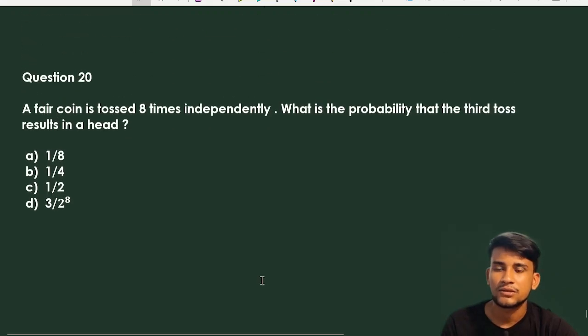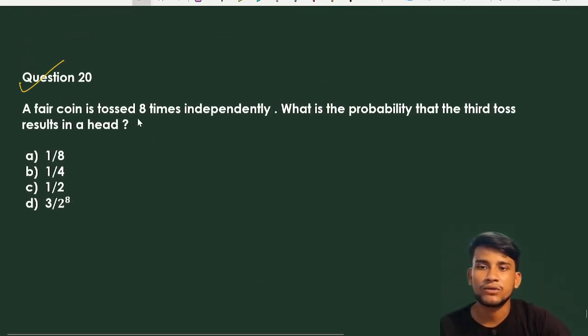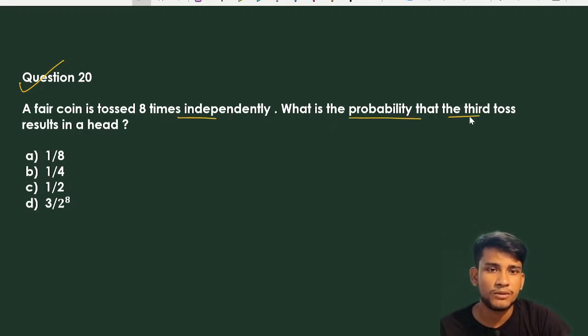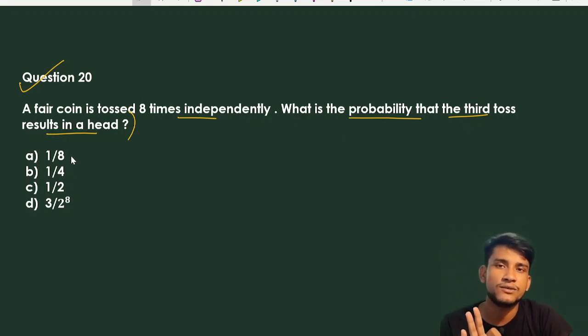Now we go to the next question, the last question. A fair coin is tossed 8 times independently, what is the probability that the third toss results in a head? This is a very easy question.